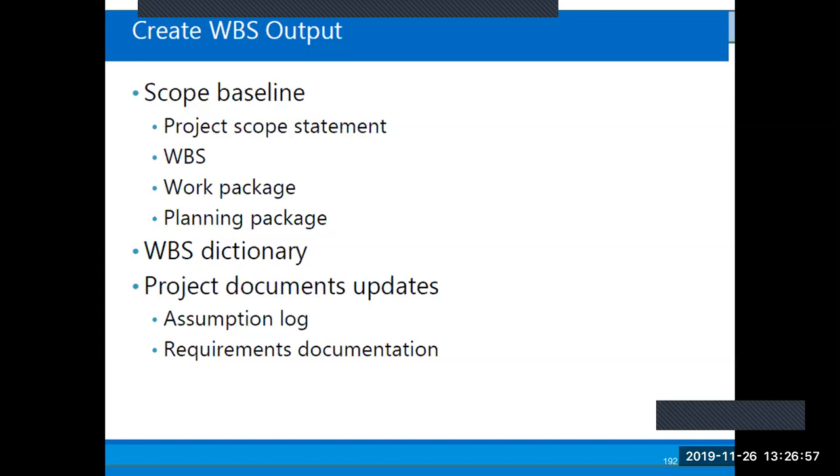The scope baseline is the approved version of the project scope that can only be changed through a formal change control process, and it is the basis for which all estimates of schedule, cost and resource allocation, or even risk identification, are tracked in the project.